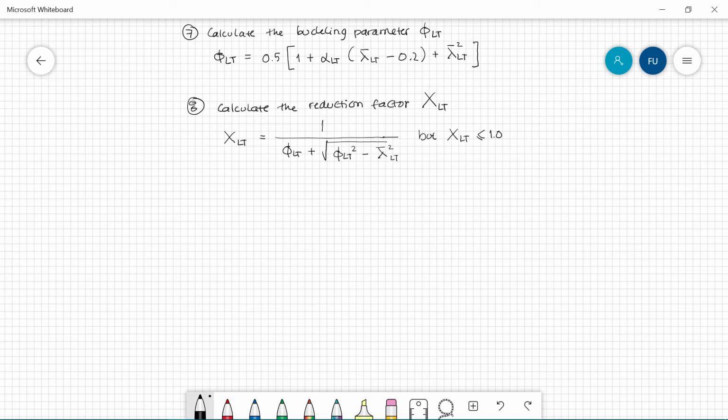And then step number 9, if the C1 is not equal to 0, then the enhancement factor f needs to be calculated. It's required.